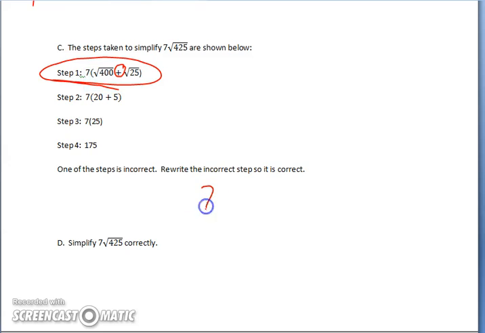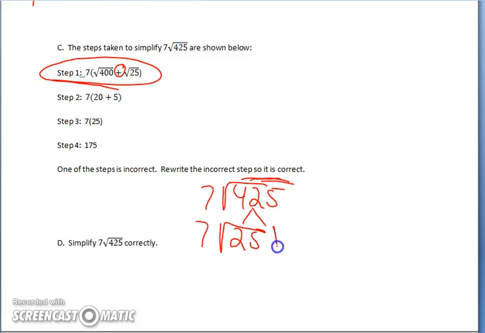So we have 7 times the square root of 425, and we have to figure out what is the biggest perfect square that goes evenly into 425. And the answer to that is 25. So we have 7, and then we're going to break up this 425 into the square root of 25 and the square root of 17.